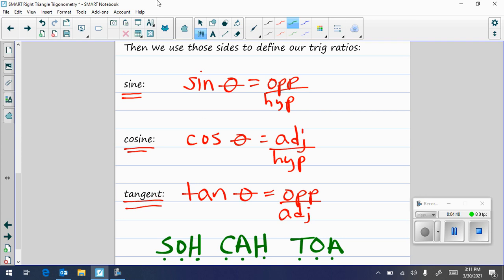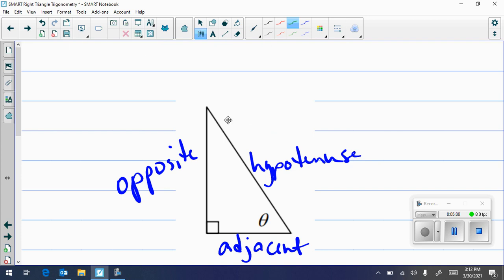Now we're going to use these, but first let's define our reciprocal functions. So we're going to define those, our reciprocal ratios. We're not doing functions yet, we're just doing ratios. So this is our three, sine, cosine, and tangent. We're going to use the same triangle. You don't have to rewrite it.